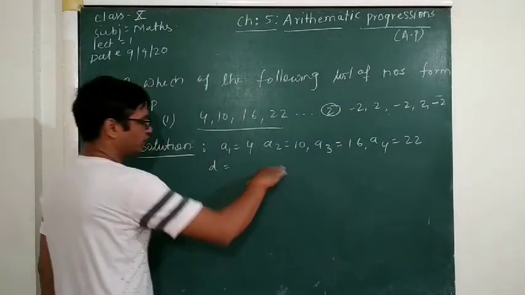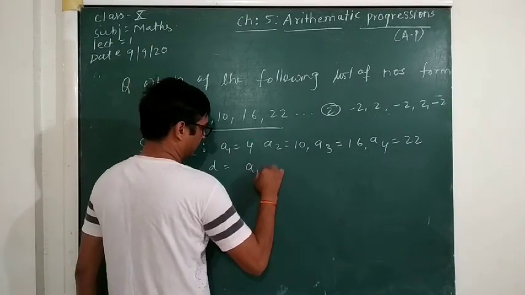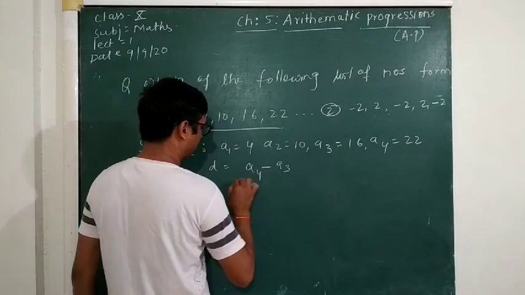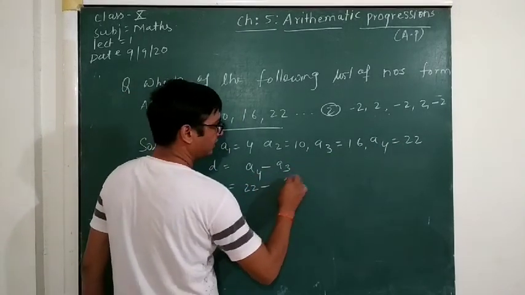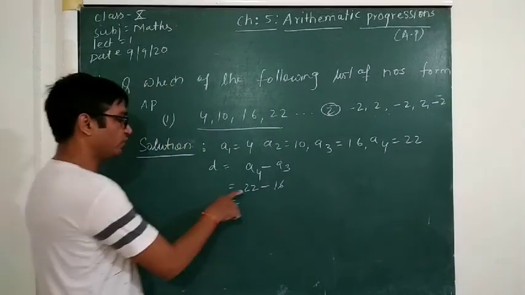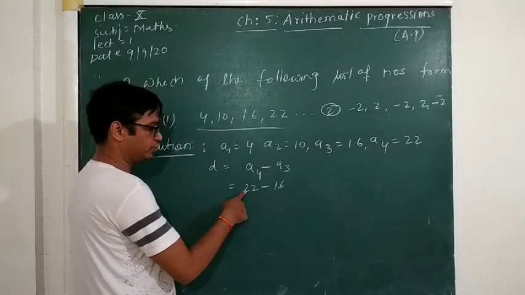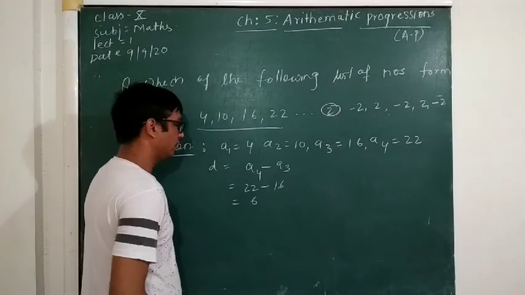So d is equal to, you can find the difference among any, A4 minus A3. A4 is 22 minus A3, 16. How much will you get? You will get 22 minus 16, so you will get 6 as the difference.